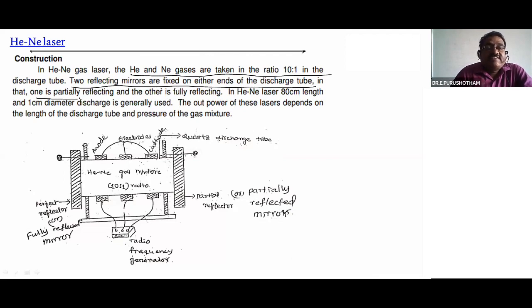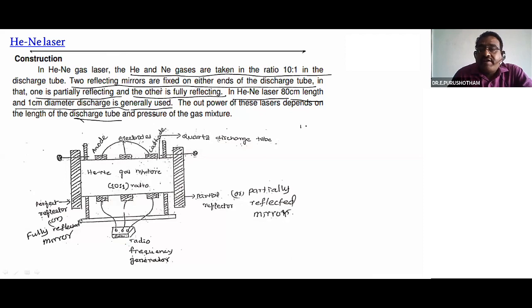Of these, one is partially reflecting and the other one is fully reflecting. For the helium neon laser, a discharge tube of 80 centimeters length and 1 centimeter diameter is generally used. The output power is supplied using the discharge tube.